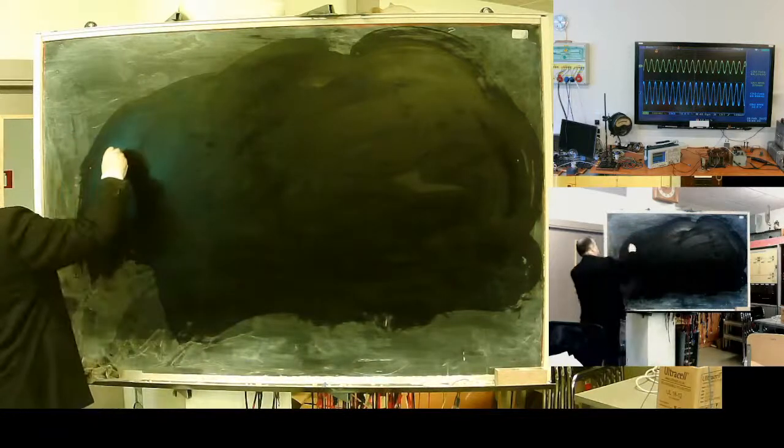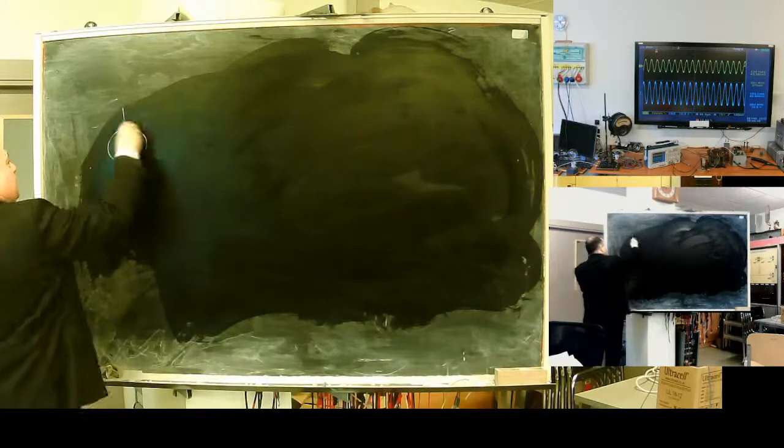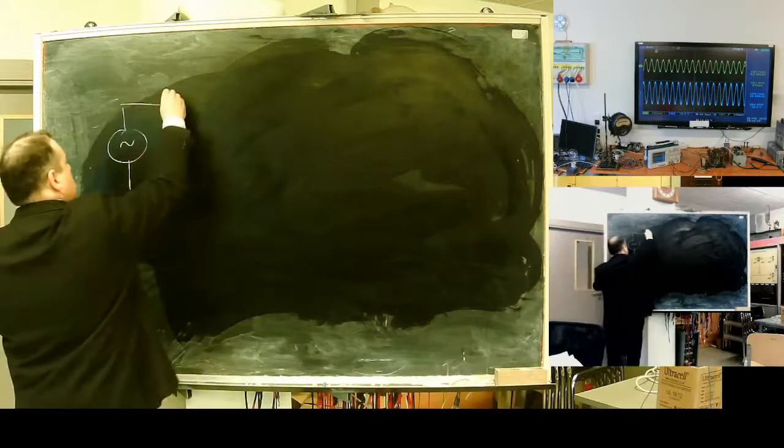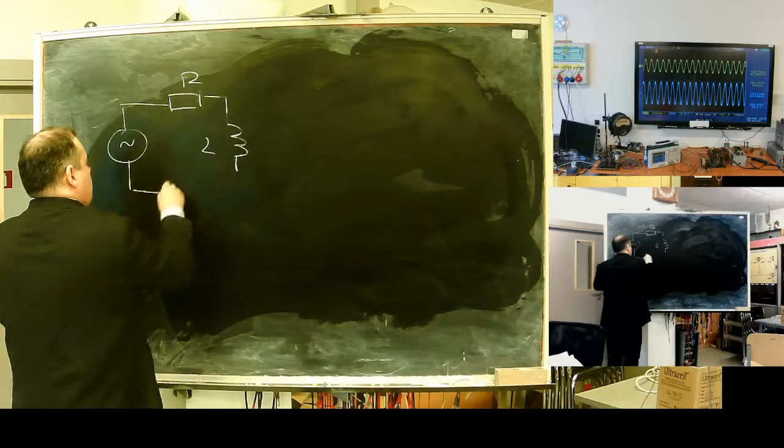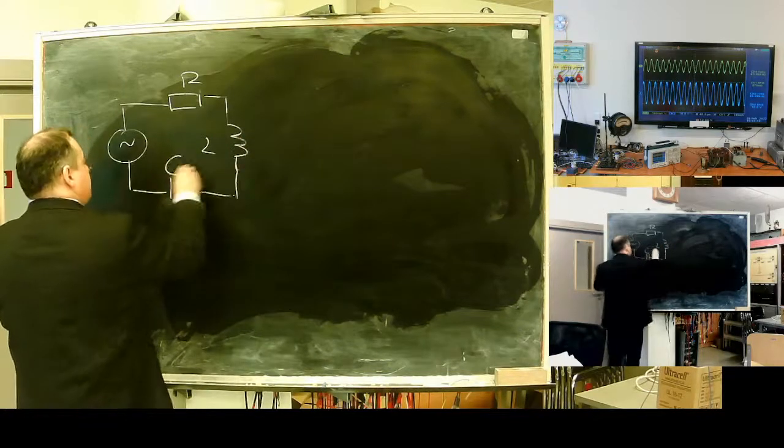Let's go back to our circuit. We had a source, resistance, coil, capacitance.